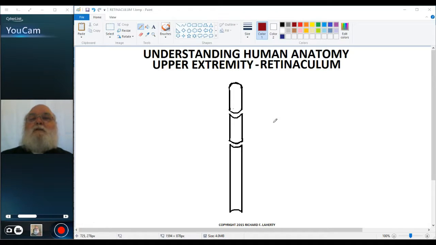And it's important to understand why these structures exist and the importance of the structures. So I'm going to start with a very crude diagram. You can see here a schematic of 3 bones.